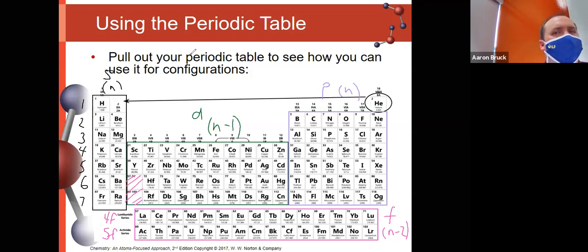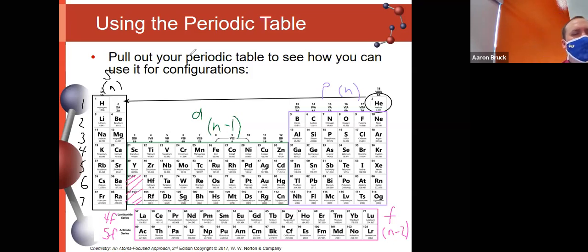This level of ambiguity is one of the reasons why, as far as configurations are concerned, the only time we will see F block elements come into play is if we are buzzing through the F block to get to somewhere else.